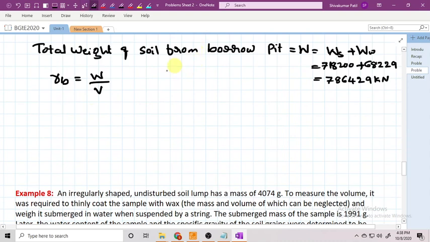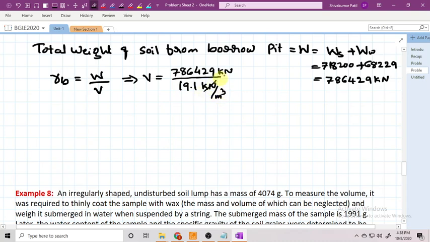So I want volume, so volume equals weight divided by bulk unit weight. Total weight is 7 lakh 86,429 kilonewton, and bulk unit weight is 19.1 kilonewton per meter cube.